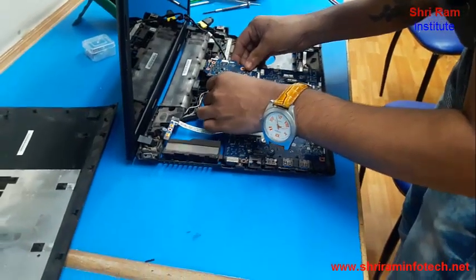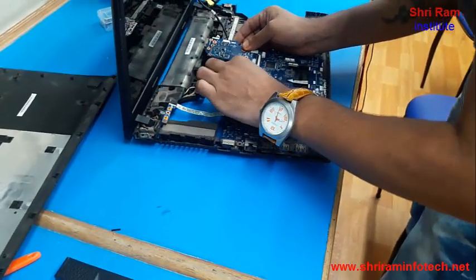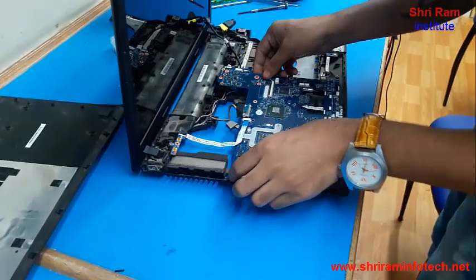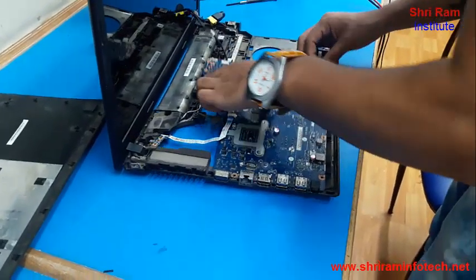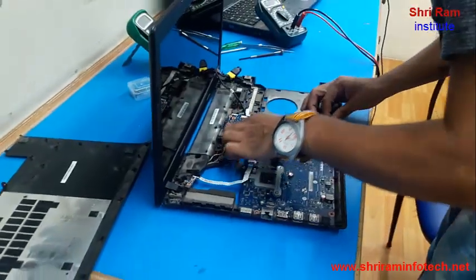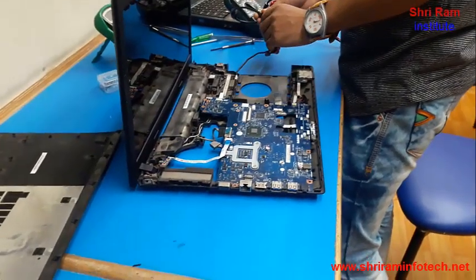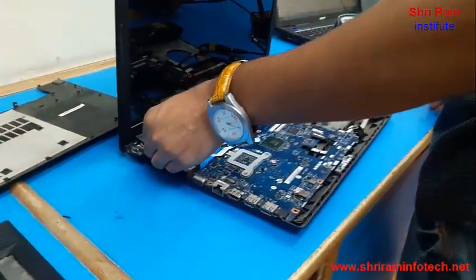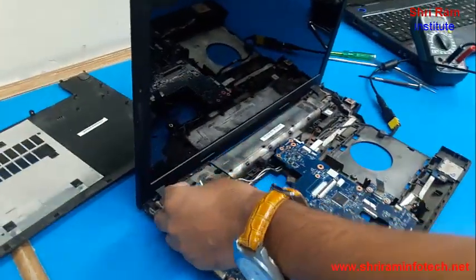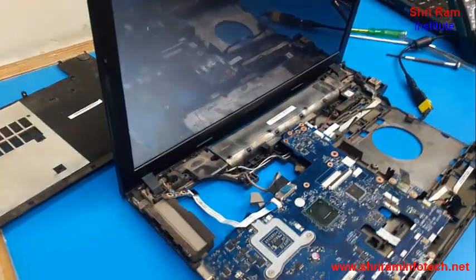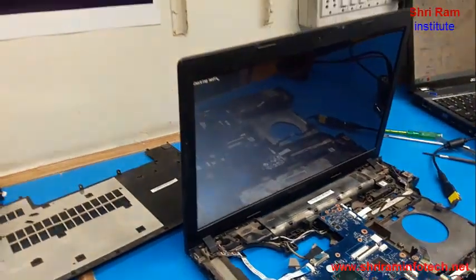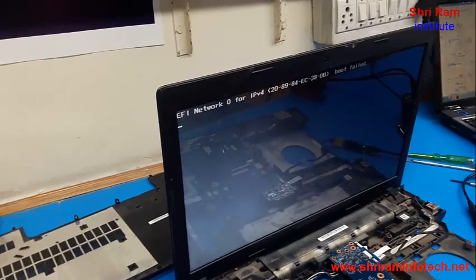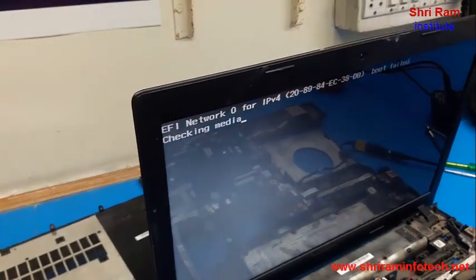We are going to connect the motherboard in the laptop. Connect the power, and now we are going to turn on, and this laptop is power on and display is there.